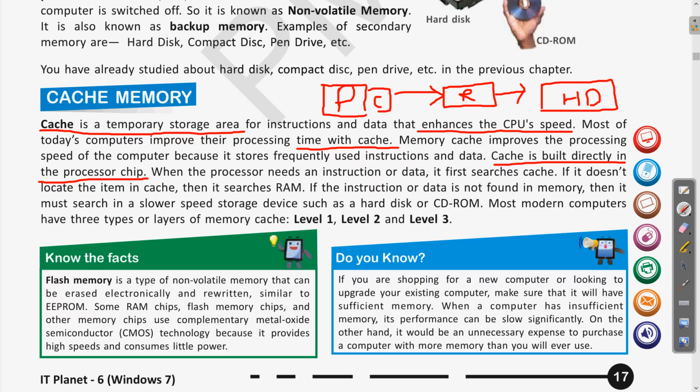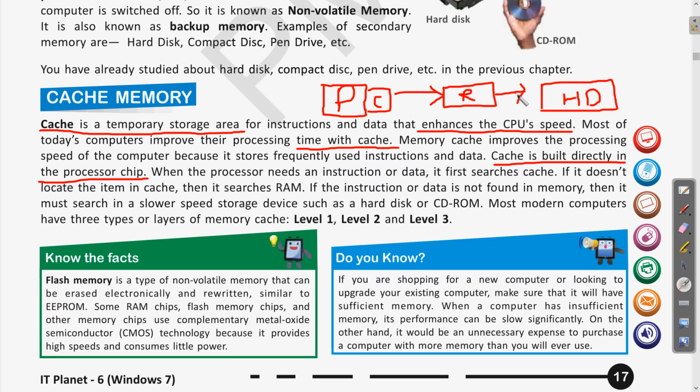Clear? So the processor will search for all the instructions first in the cache memory. When it is not found in the cache, then it will go to the RAM. Clear? And when the data is not present in the RAM also, then it will go to the secondary storage devices, which may be any of these like hard disk, optical disk, pen drive if it is attached. So all of these are the secondary storage devices and slower.